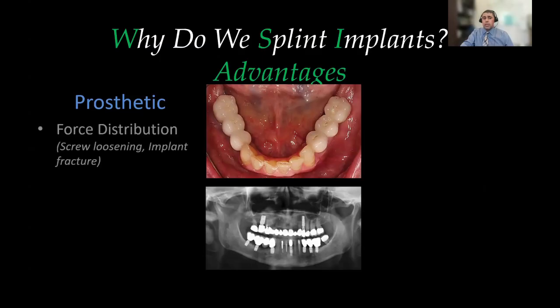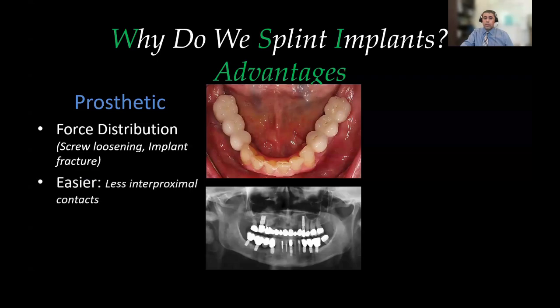So if you think about some of the advantages of why implants can be considered or can be splinted in the posterior segment, prosthetic, again, force distribution, resulting in minimizing screw loosening or implant fracture. It's easier, particularly from less interproximal contacts to manage by the lab or by you at the delivery appointment. And it may allow you to use a lesser number of implants, particularly utilizing proper size and number of pontics.